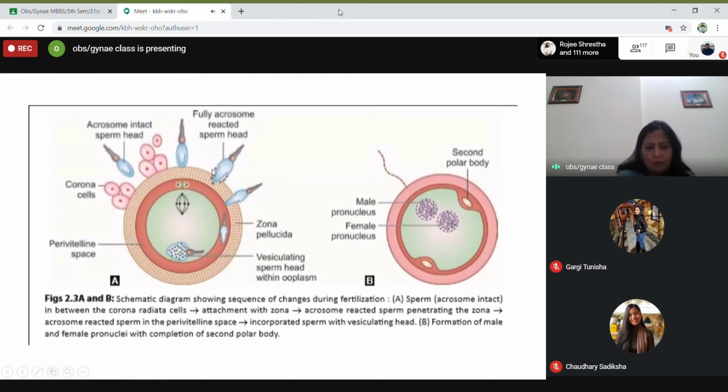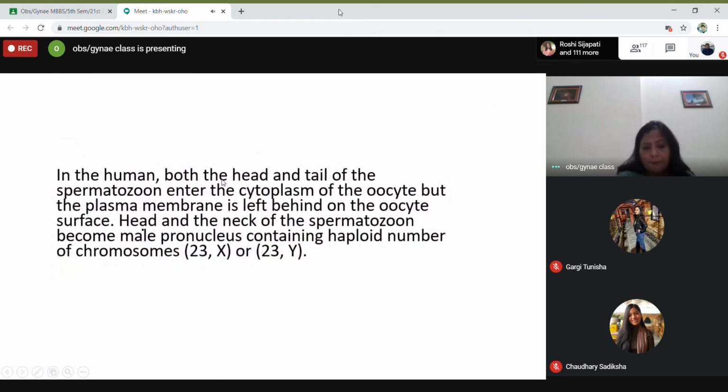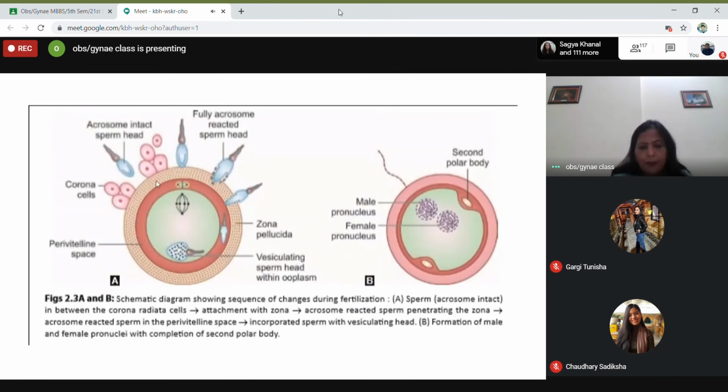From the acrosomal end of the sperm, hyaluronidase is produced, and then there is lysis of the zona pellucida, and only one sperm will enter the cell. When the division completes in the female pronucleus, half of the chromosomes, 23, go to the surface in the perivitelline space.